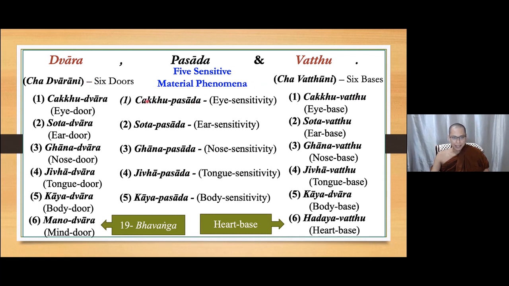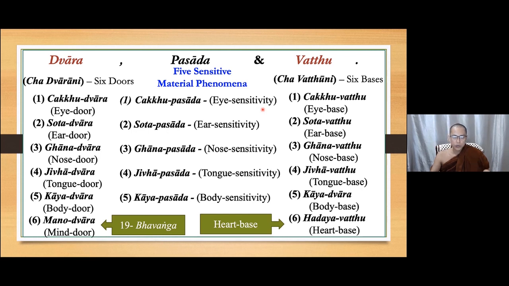So in essence, Chakku Dwara, the eye door, is actually the eye sensitivity matter. It is one of the 28 matters. In the same way, Chakku Vatthu, the eye base, also refers to the eye sensitivity matter in essence.